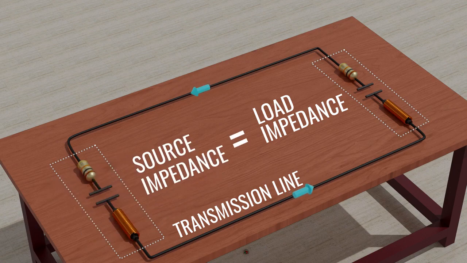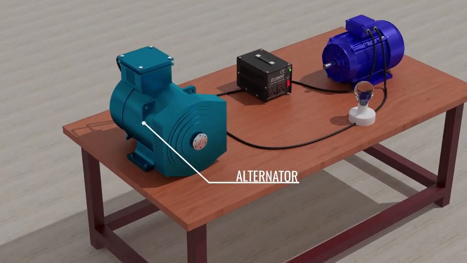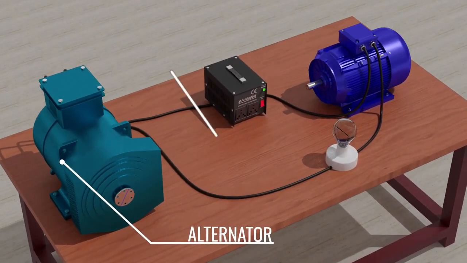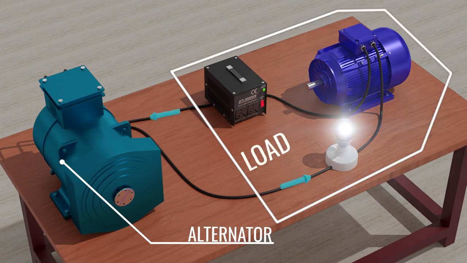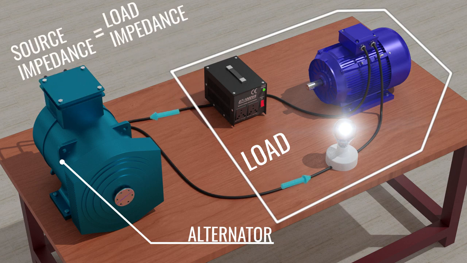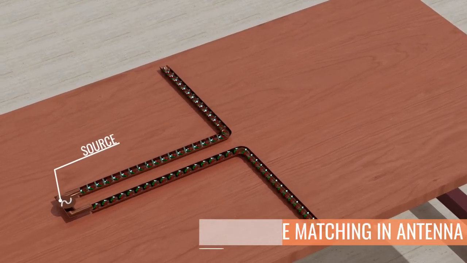For further understanding, let's take an example of a circuit containing an alternator as a source and a motor, bulb, etc. as a load. In this setup, to achieve maximum power transfer from alternator to the load, the impedance of the load must match with the impedance of the alternator. A similar impedance balance is required in the case of an antenna system.